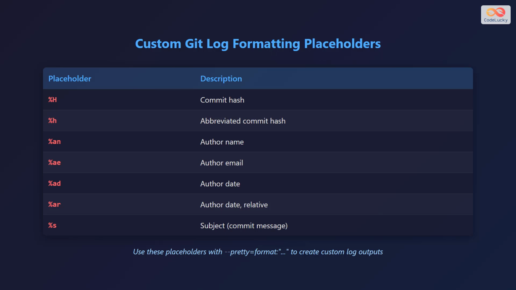When creating custom Git Log formats, you can use placeholders to specify which information to include in the output. Here are some commonly used placeholders and their descriptions. The %H placeholder represents the full commit hash. The %h placeholder represents the abbreviated commit hash. The %an placeholder represents the author name.